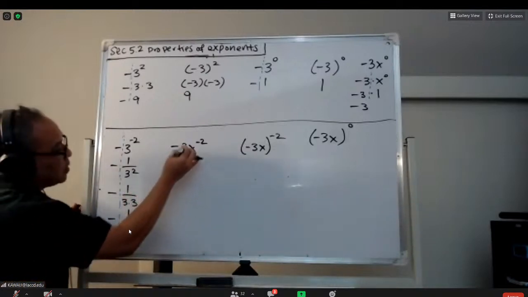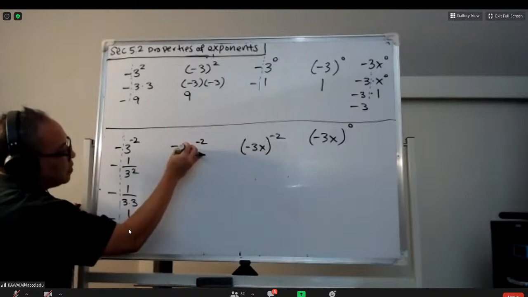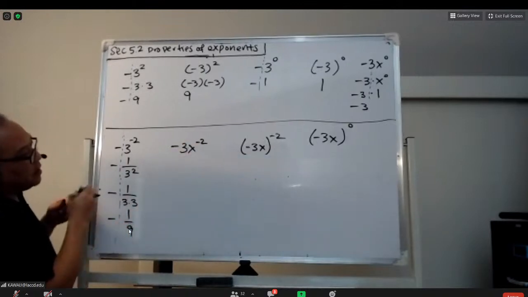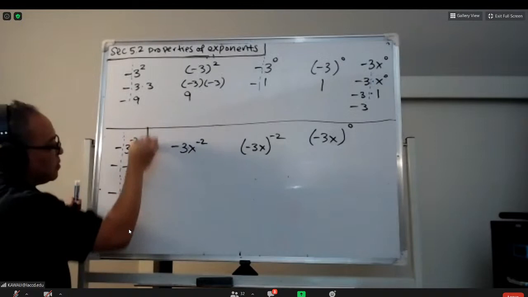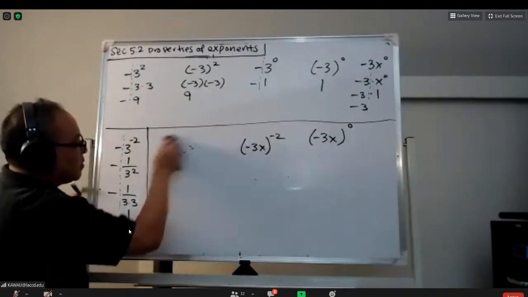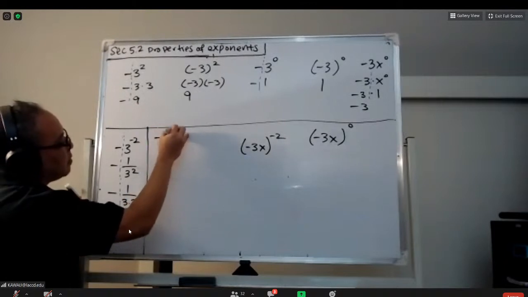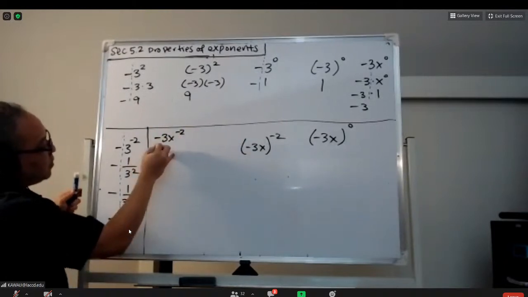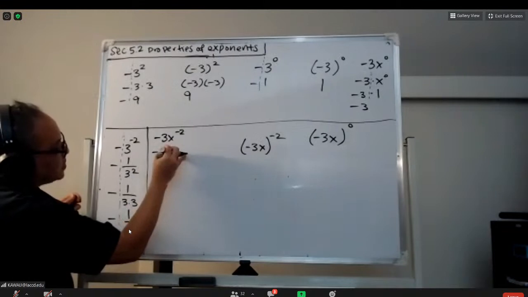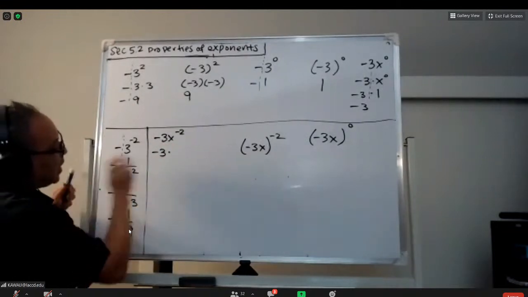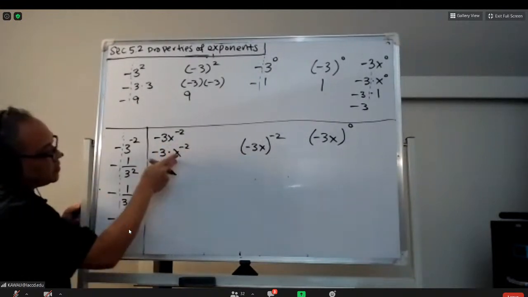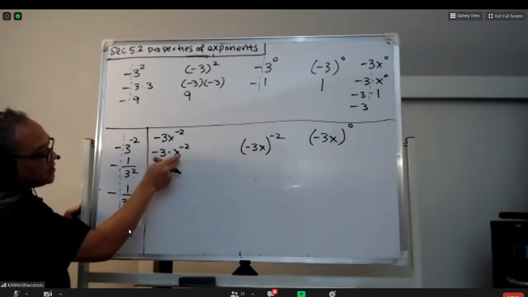Now here, be careful. There's a multiplication there. Even though you can't see it, it's there. Let me move this over a little bit. So even though it's not there, it's there. So the exponent only goes to the x. So we change this level.